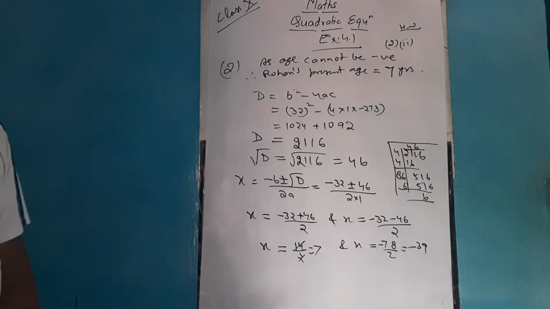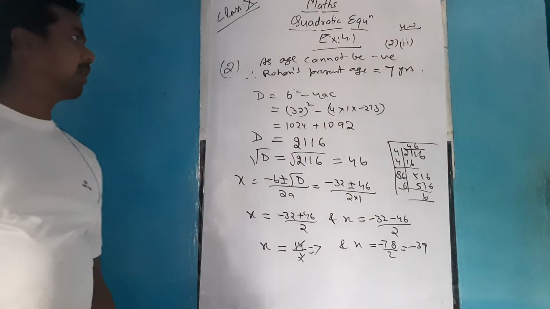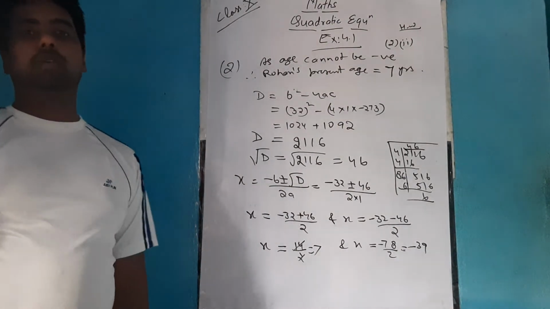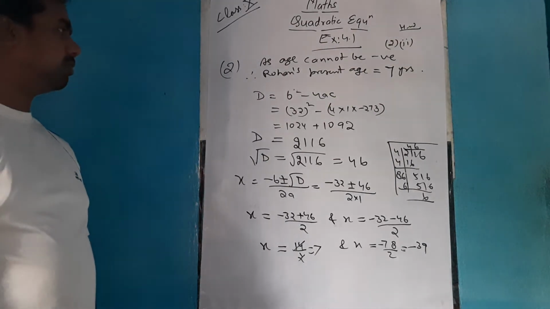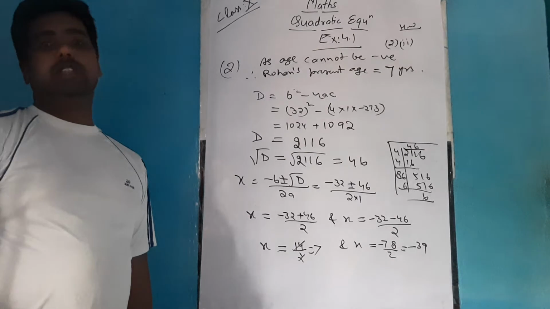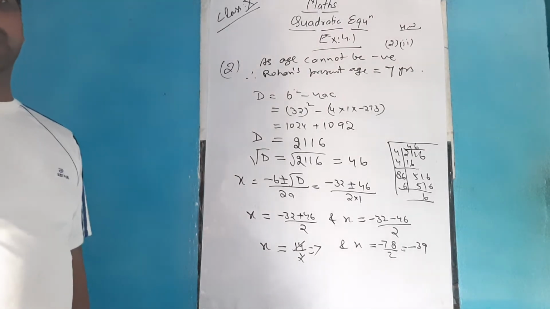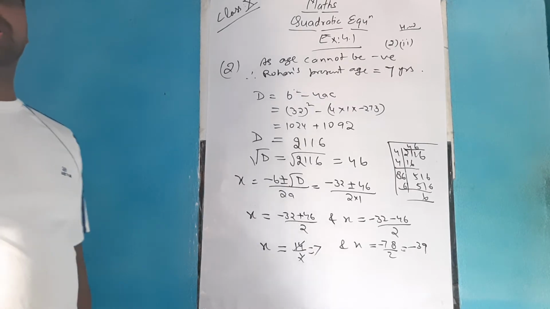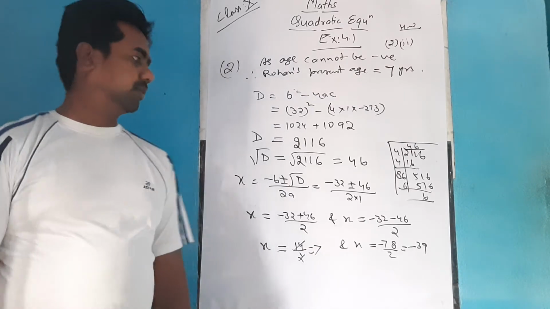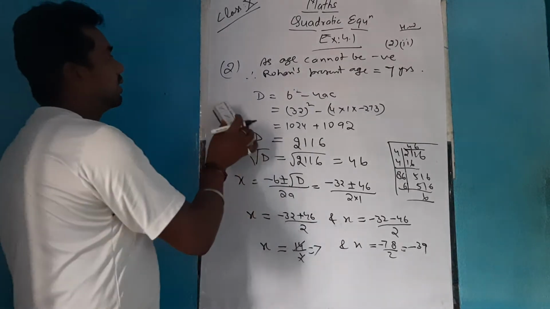This way you will get the value of Rohan. This is your second word problem of exercise 4.1. Again I will repeat the same thing. Just try to focus on how to get a quadratic equation, and after getting the equation you can directly apply the quadratic formula and you will easily get your answer. So this is the third part.